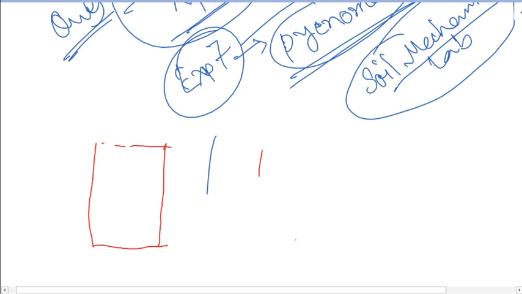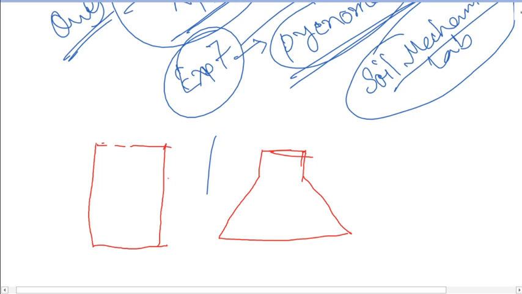So one is the conical shape pycnometer and another is the cylindrical shape pycnometer. This is the 2D representation of these two types of pycnometers, in which we will be conducting the test to determine the specific gravity of semi-solid bituminous materials.